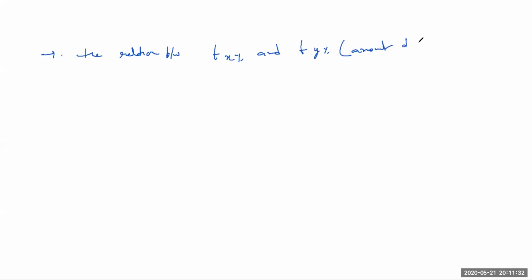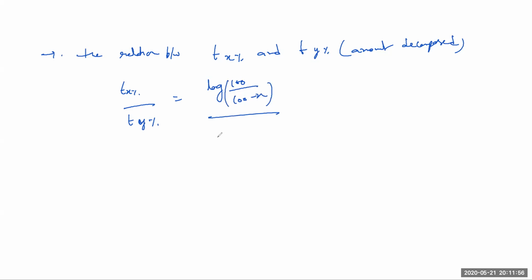What is Tx% by Ty% is equal to log of 100 by 100 minus x by log of 100 by 100 minus y. This is another formula. Take now.